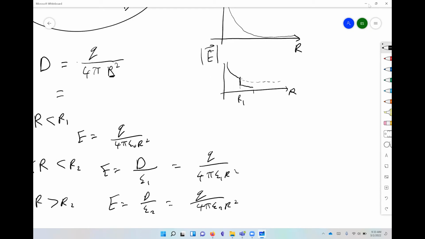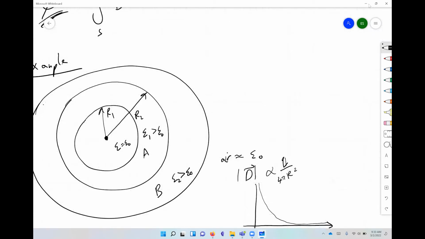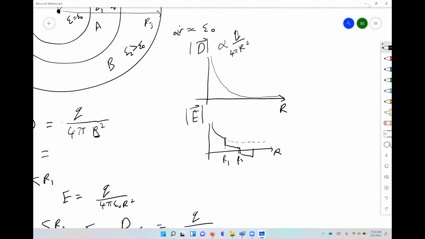And then when we reach R2, it's going to drop further. This is going to keep going down. And then when we reach R3, I guess, we're going to go back to air. When we go back to air, we're going to jump up and then continue going down. So there are going to be these discontinuities in the electric field intensity due to the sudden change in the material.